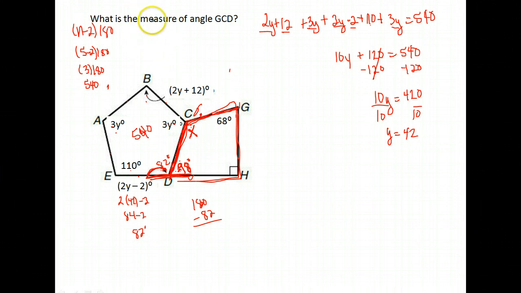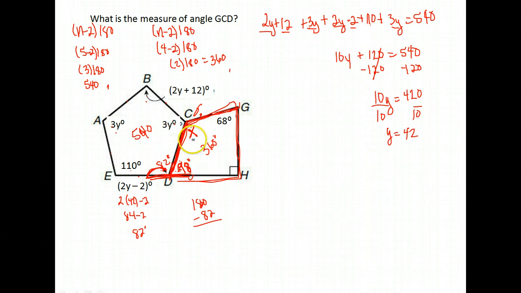If you don't remember, you can always go back and use the formula again. The sum of the interior angles of any polygon is the number of sides minus 2 times 180. So for a four-sided figure, 4 minus 2 is 2, and 2 times 180 is 360. So this figure should have a total of 360 degrees for its interior angles.